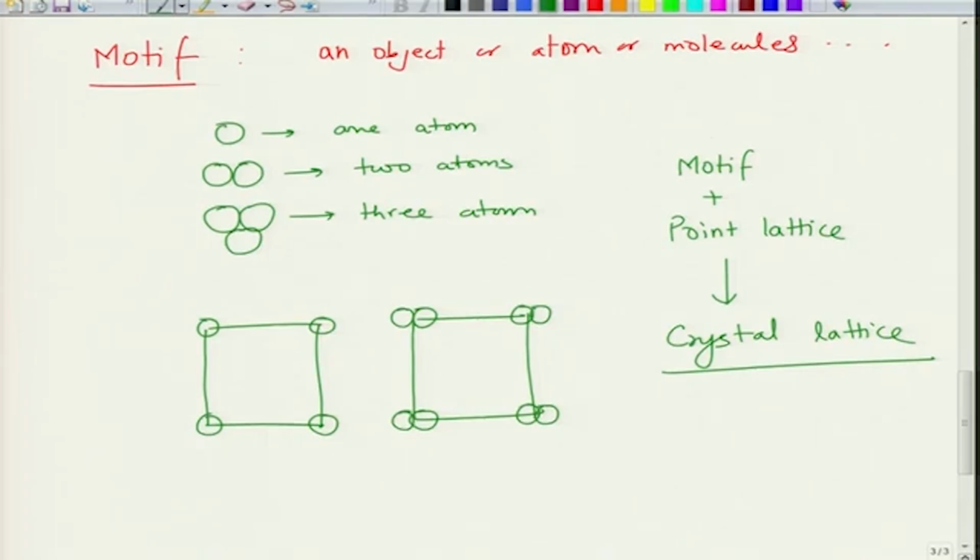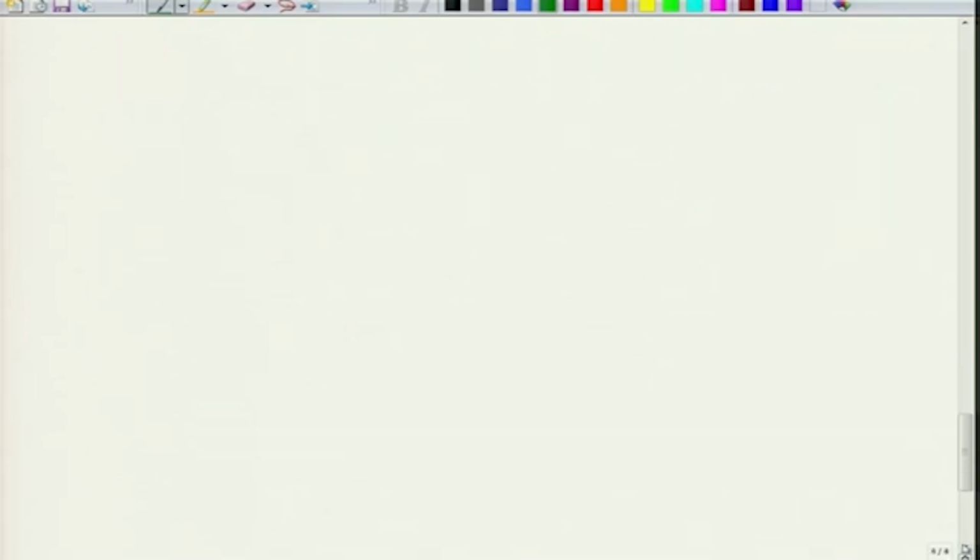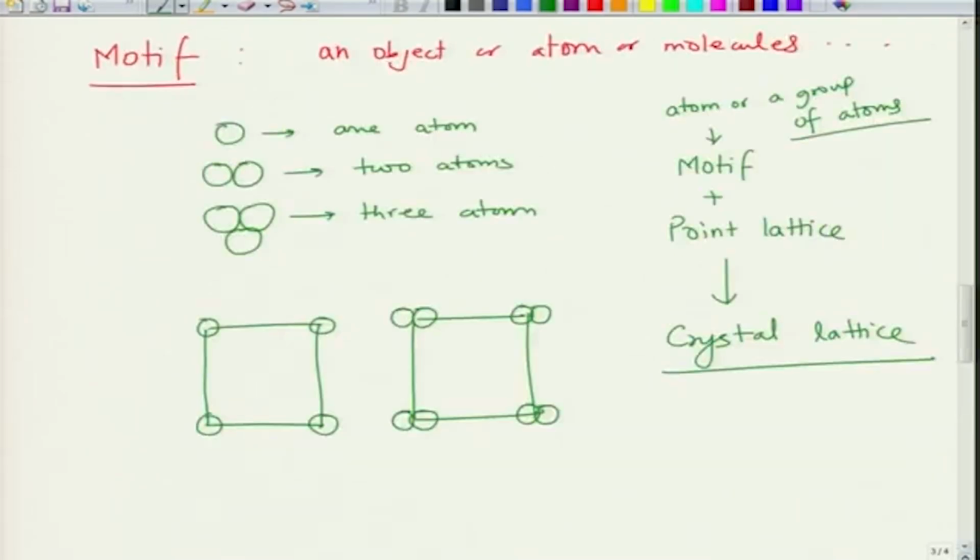So this motif is basically an atom or a group of atoms. Okay. So for details of this, I would recommend that you should look at the course on nature and properties of materials.